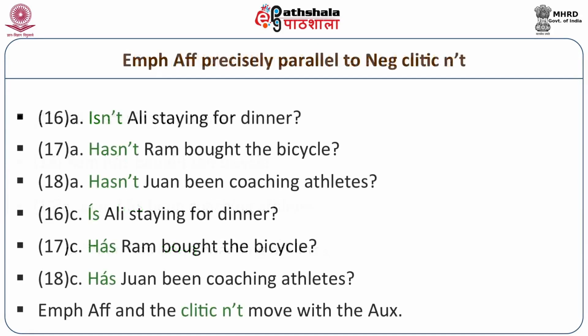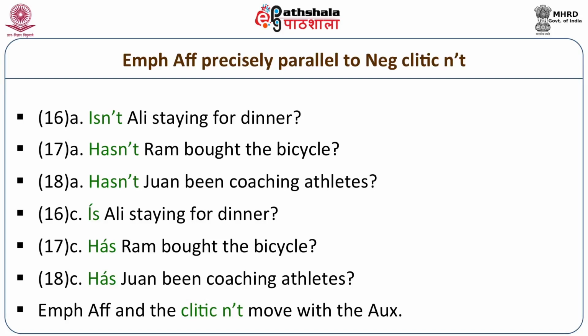When you look further into the details of negation, you find that there are two versions of every negative sentence. One version of the kind we've been providing with the full negative word not. Another version where that negative word is shortened or contracted into what is known as a clitic n't, as in hasn't or isn't.